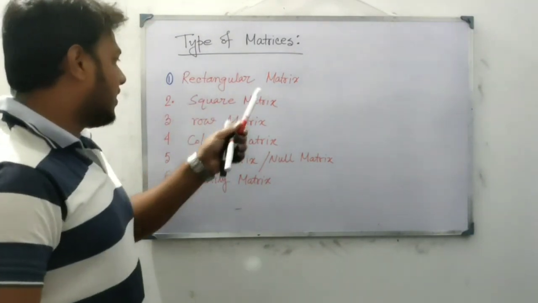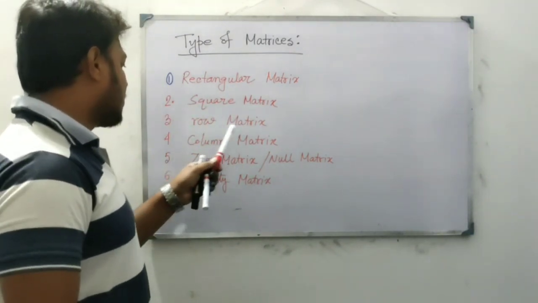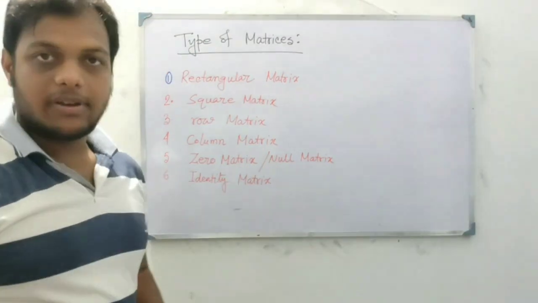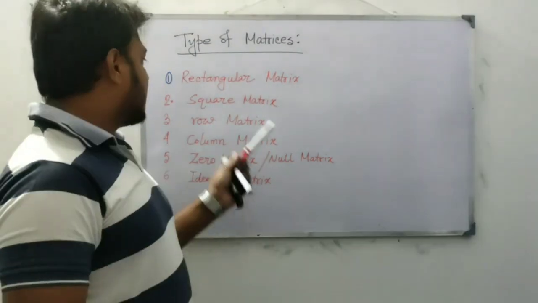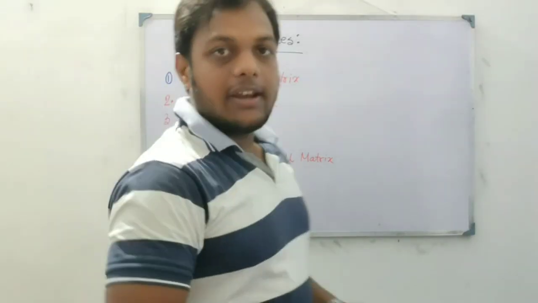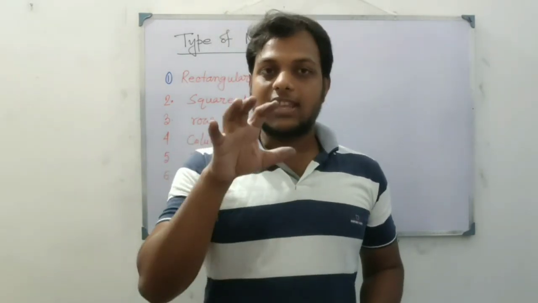The first one is rectangular matrix, second one is square matrix, then row matrix, column matrix, zero matrix or null matrix, and identity matrix. I will discuss one by one. First, rectangular matrix. In rough words, a matrix is said to be a rectangular matrix if the shape of the matrix is like a rectangle. Rectangle means one side will be greater and the other side will be less.